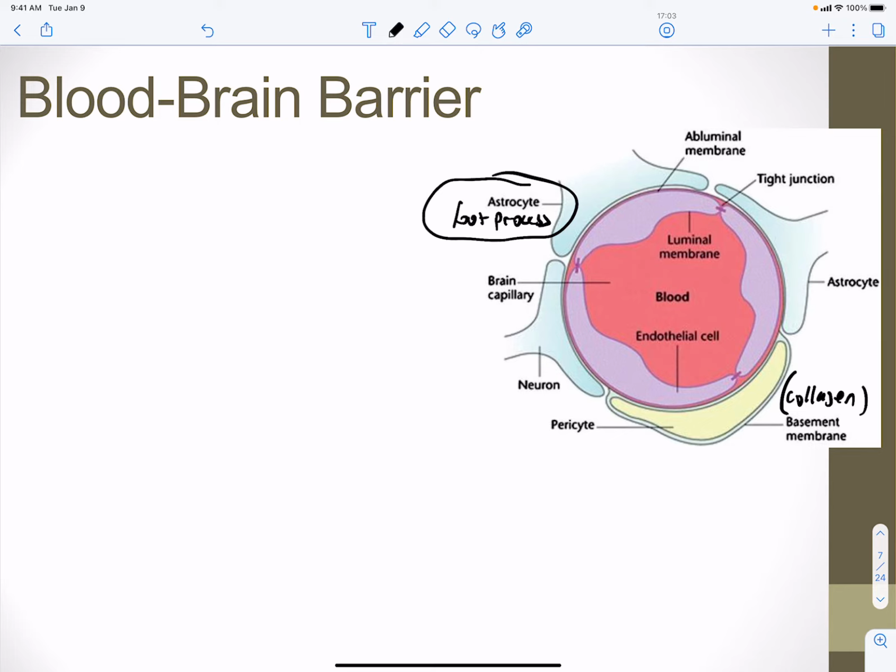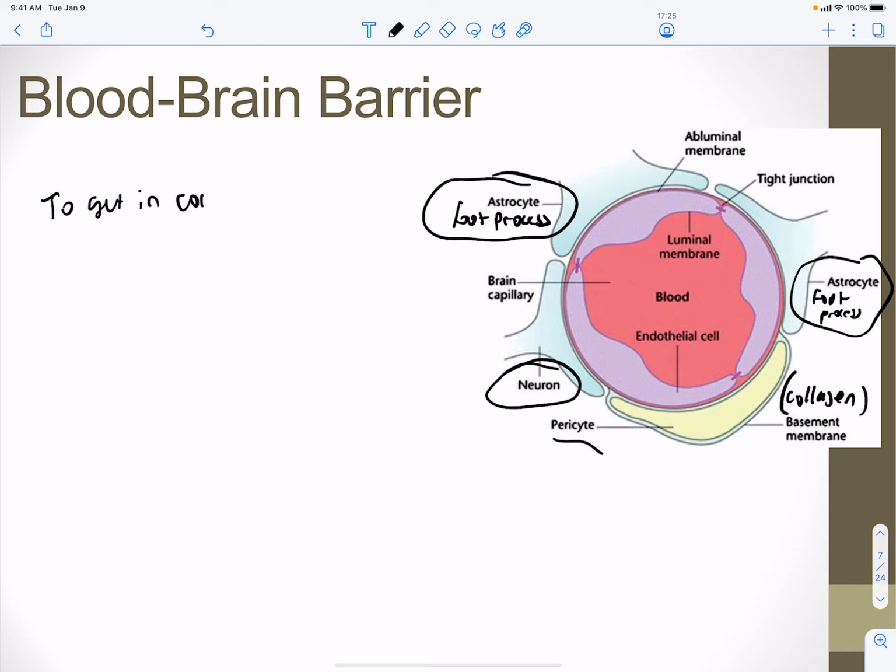So here's another astrocyte. And here you have a neuron. And within the basement membrane, you have your pericytes. So compounds have to pass through to get in. Your compounds must pass through several layers. They're going to have to pass through a luminal membrane.